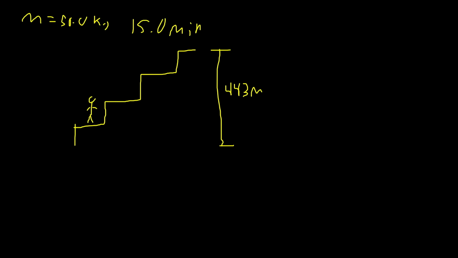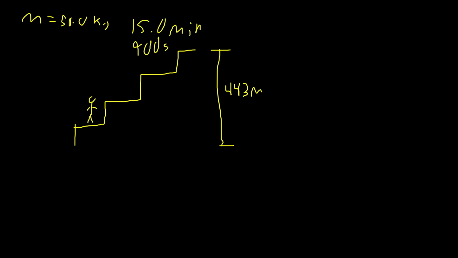Now we need to find how much power she was able to output, an average power, and then convert this into kilowatts and then horsepower. So let's first convert this 15 minutes into seconds so we can use the units we would typically use.